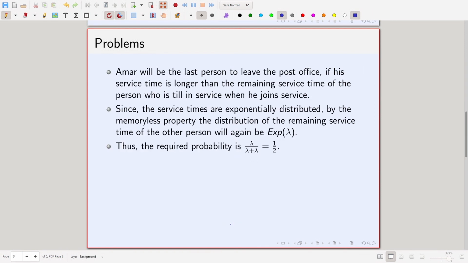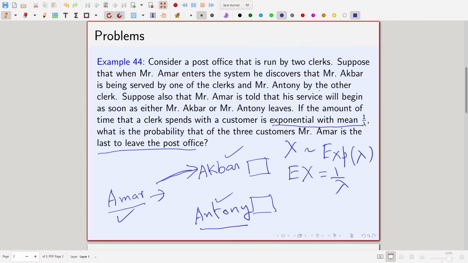So, what I said is written here. Amar will be the last person to leave the post office if his service time is longer than the remaining service time of the person who is still in service when he joins service. So, again, when I was explaining, I said suppose Mr. Akbar leaves.